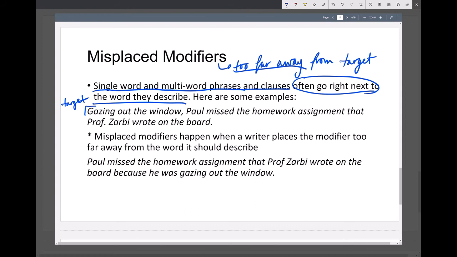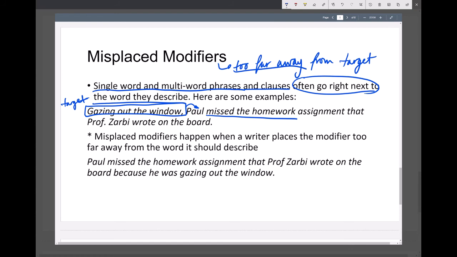So here's an example. Gazing out the window, Paul missed the homework assignment that Professor Sarby wrote on the board. So here, the logical target is Paul, because that's right next to the modifier, and there's nothing before it, so it has to be Paul. However, if you read the sentence word for word as it is, it's like, oh, well, Paul missed the homework as he is looking out the window.